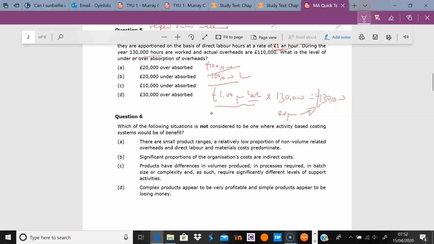Remember, this is a budget, so he's accruing for this. He's gone debit expenses 130,000, credit accrual. Let's just say he hasn't paid yet. That's the financial entry, credit accrual of expense. So this is a current liability, isn't it?